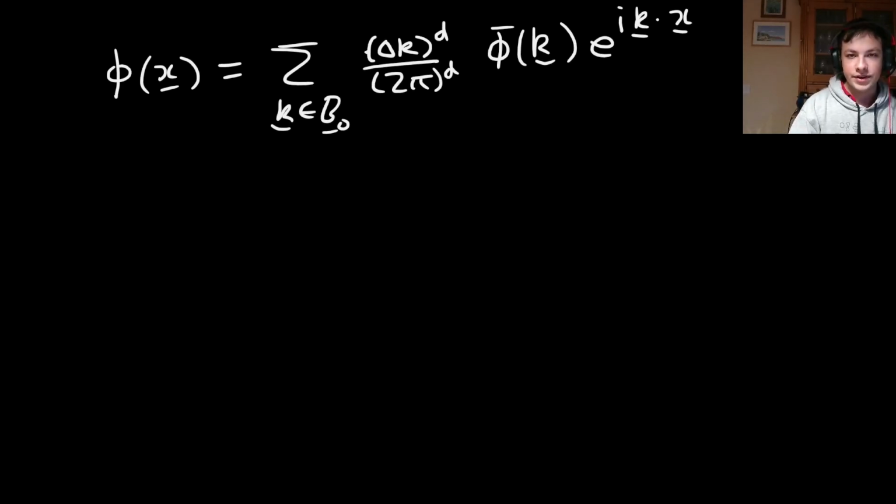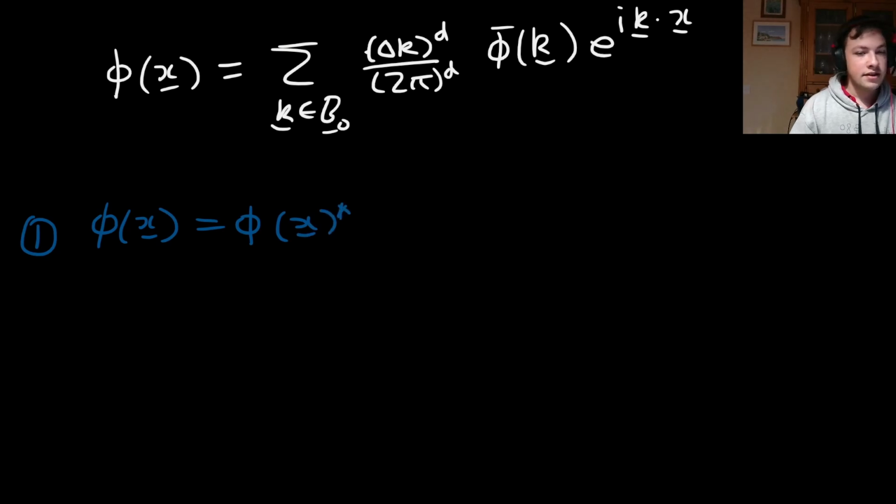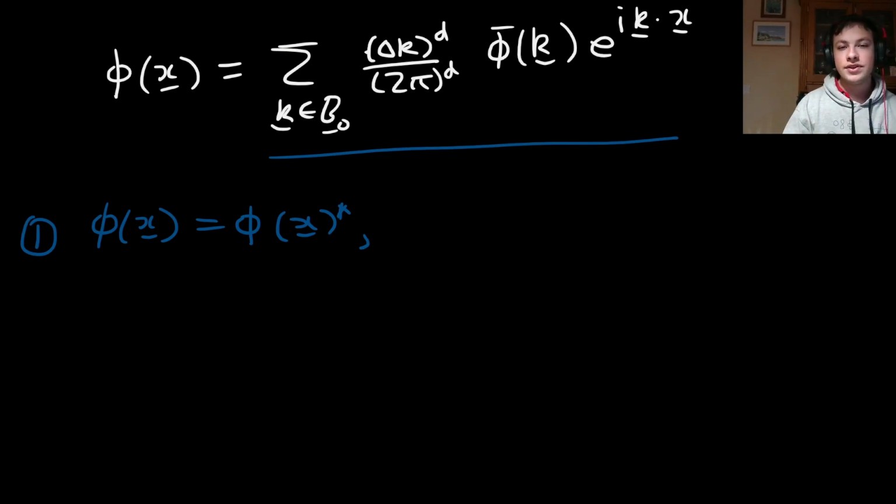And I'd like to make 3 observations here before we move on. So observation number 1 is that if phi of x is real, so phi x is phi x star, then just by inspection of this formula here, we see that when we conjugate phi x, the k's are going to get flipped around, and the phi bar k's are going to get conjugated.